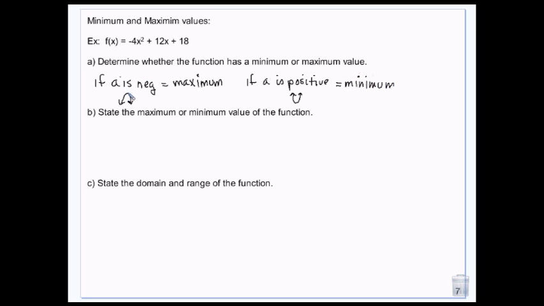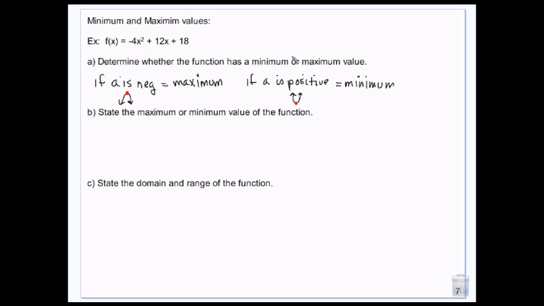And that's because if you're going down, your highest point is going to be your vertex. You can't go above that. So that's why it's a maximum. And if you're going up, your vertex is your lowest point, which is a minimum.